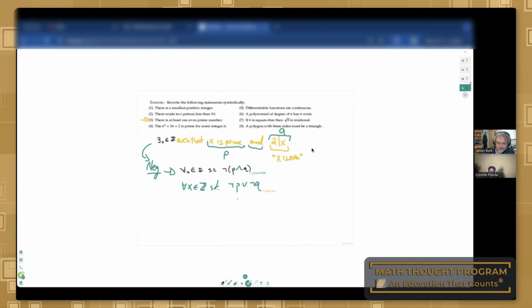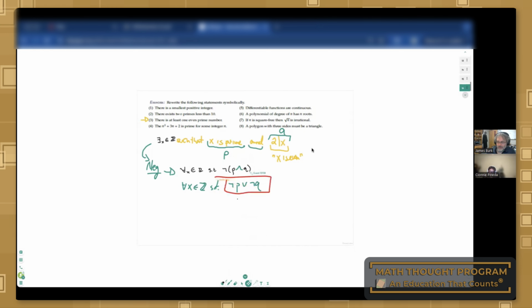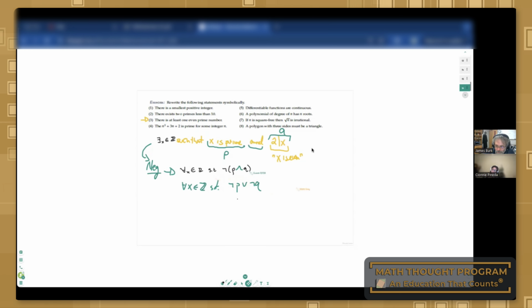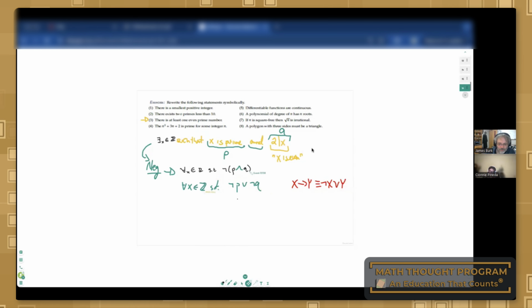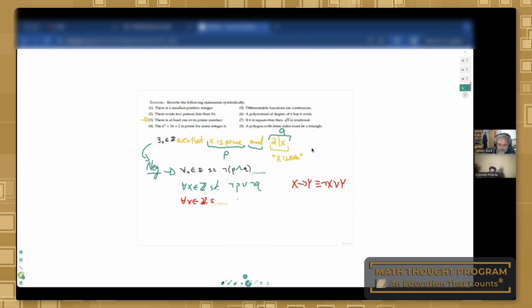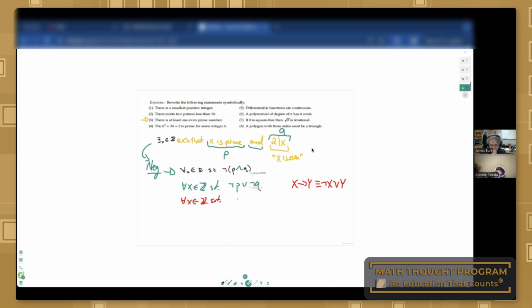Now, bonus round. Could you take this statement and write it in terms of a conditional statement? Yes. You remember the formula? If you have X implies Y, this is logically equivalent to not X or Y. Okay, recalibrate that then. How'd you rewrite that?